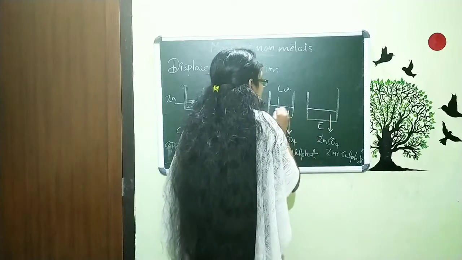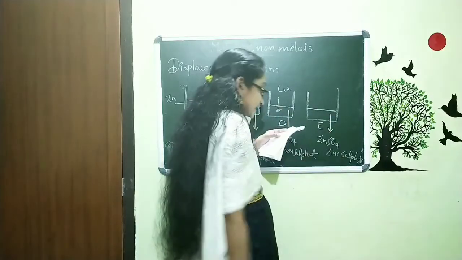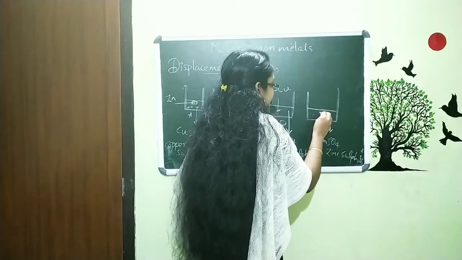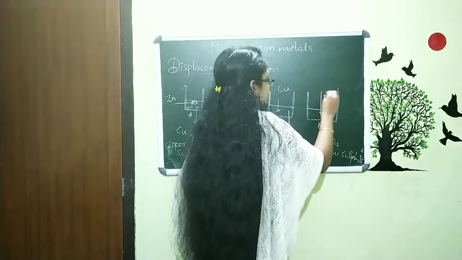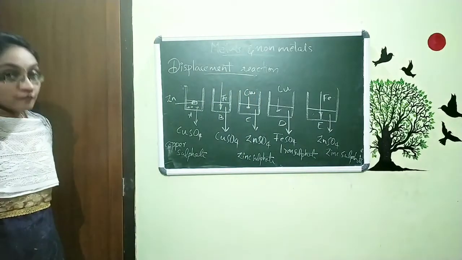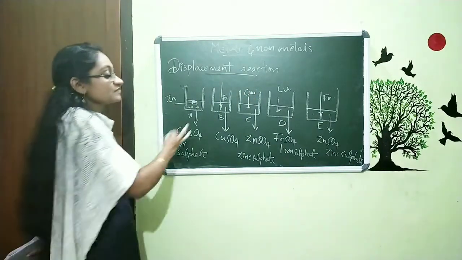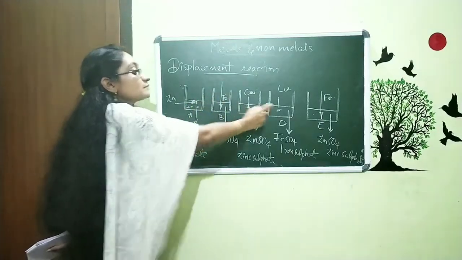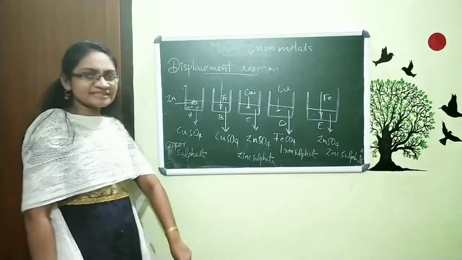And in beaker E, I am selecting an iron nail. So here you now have 5 beakers with different solutions, and we also kept different metals in them.